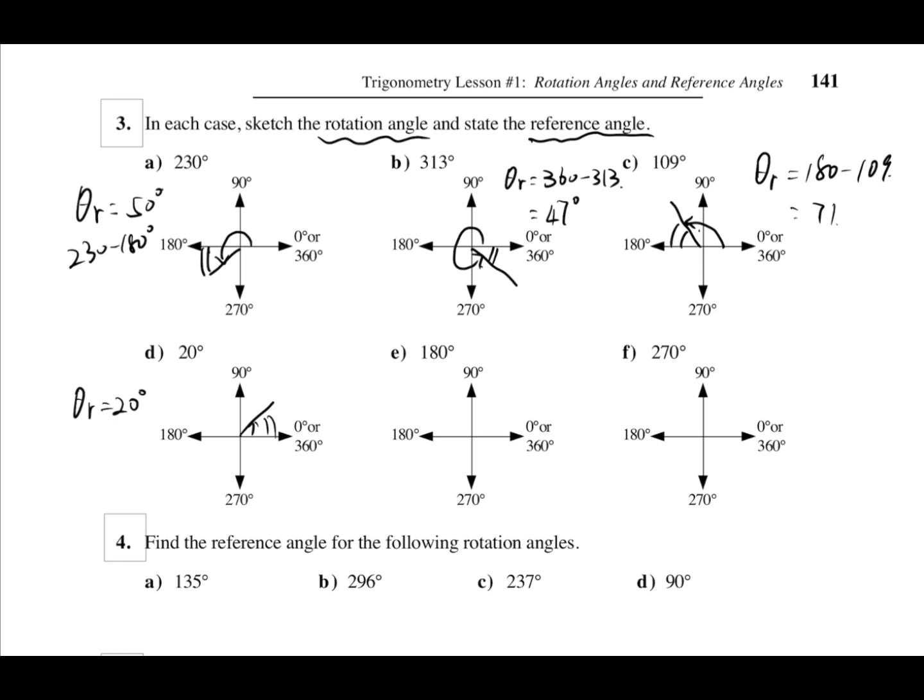And for E is for here, so the rotation angle is 180, so the reference angle theta equals 0. And for 270, for here, this is the rotation angle, and for the reference, this part is 90 degrees.